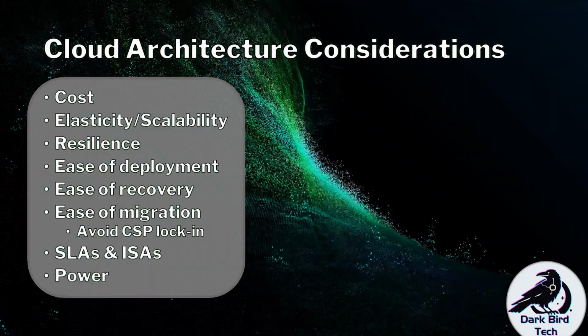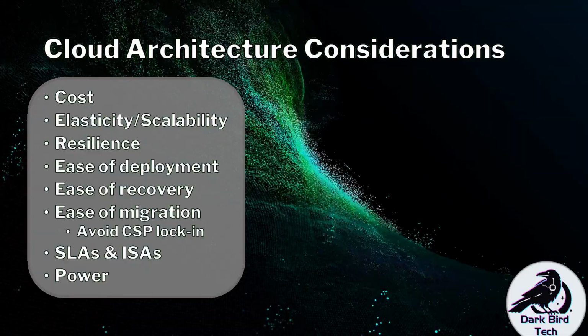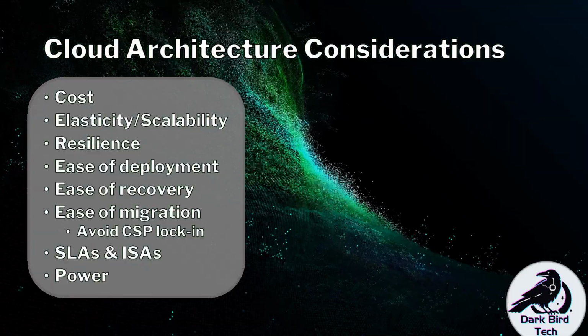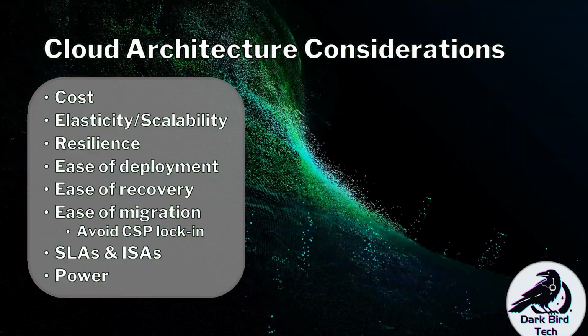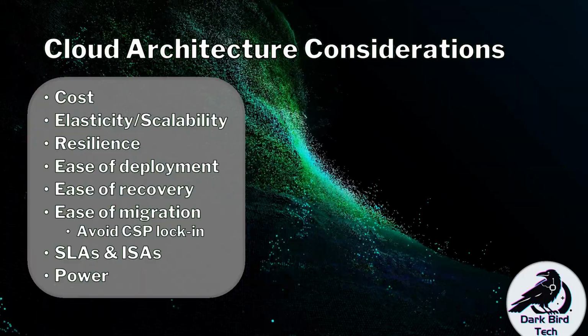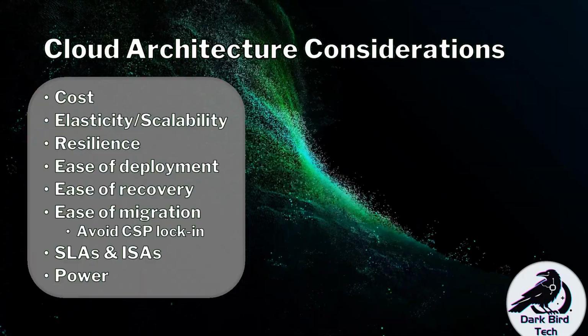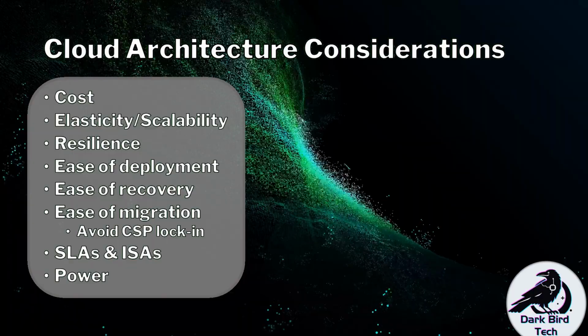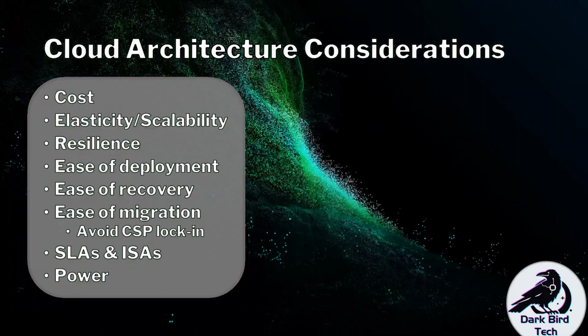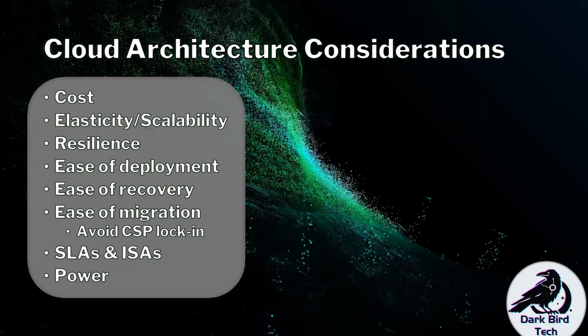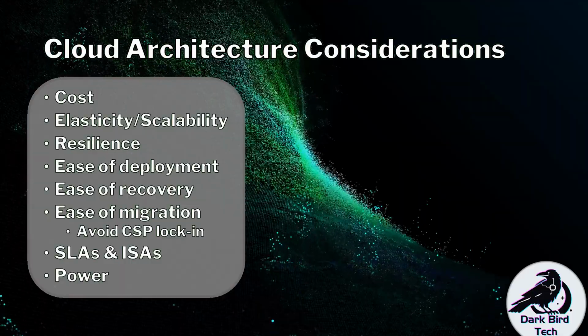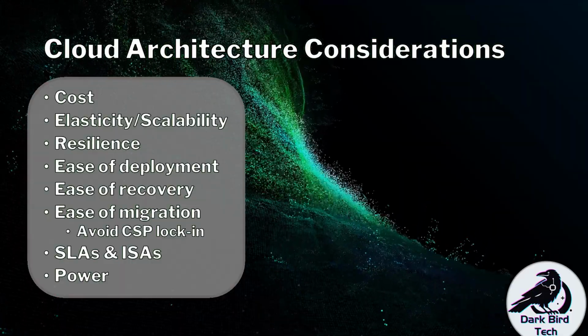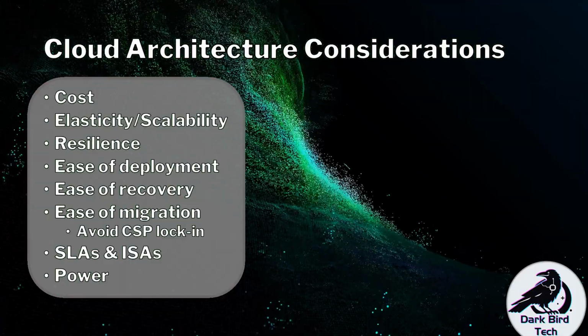Then, power. What type of power requirements need to be met by the cloud provider? Are they in a region where electricity is stable, where it is cheap, where it is reliable? That all matters. Because if it is not cheap, not reliable, not widely available, that could lead to surprising and undesirable outages.